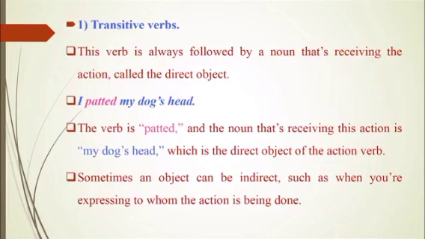First, we are going to learn about transitive verbs. This verb is always followed by a noun that's receiving the action, called the direct object. Example sentence, I patted my dog's head.